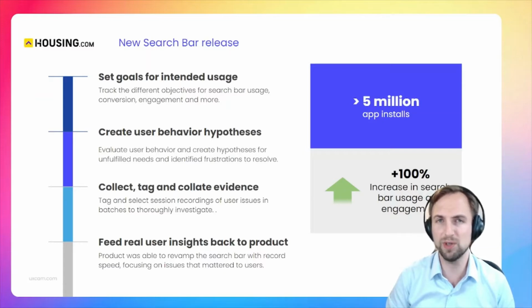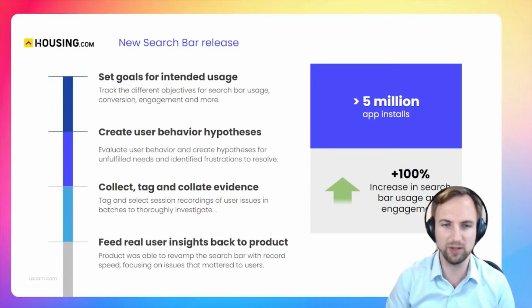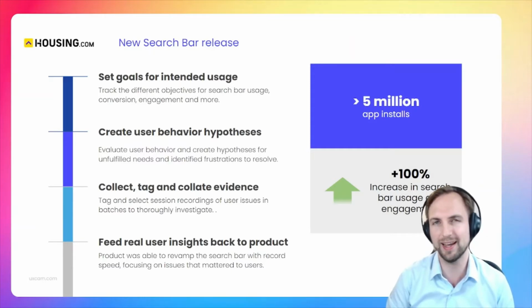Now, with indisputable video evidence, they were able to feed real user insights back into the product team. And they were able to revamp the entire search bar with record speed, focusing on issues that actually matter to their users. With 5 million installs, they were able to increase search bar usage and engagement by 100%. That's a significant number.